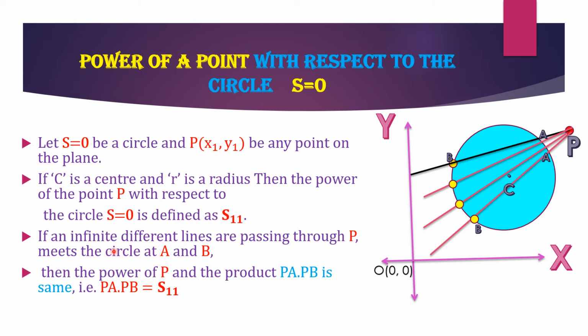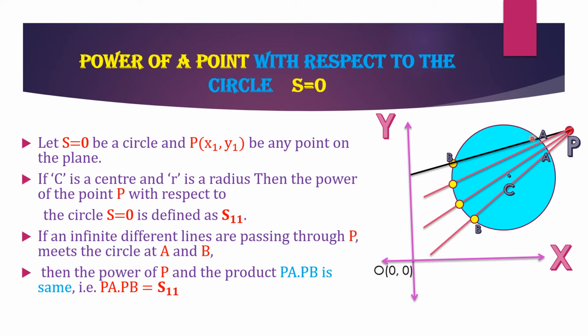So here we observe infinitely many different lines. Many lines pass through the same point P and meet the circle at 2 points A and B. Now we calculate the distances PA and PB. We find the product PA times PB is the same as the power of P. Different lines will be taken.